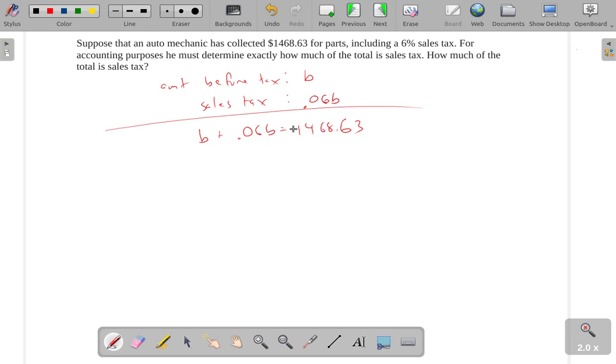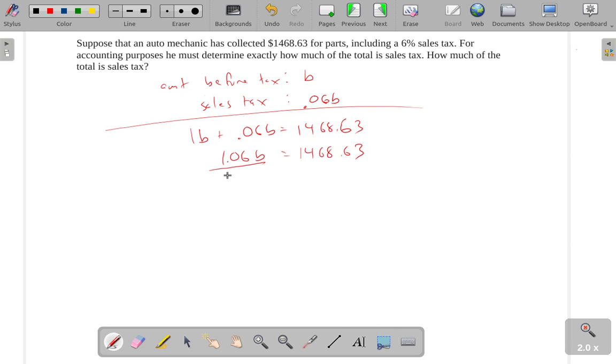Now I can just solve this equation. Combining like terms, I want to remember that b is the same thing as 1b. And when I combine like terms here, 1 plus 0.06 is 1.06. So you got 1.06b equals 1468.63.